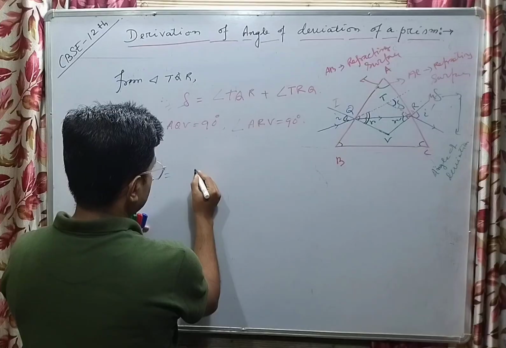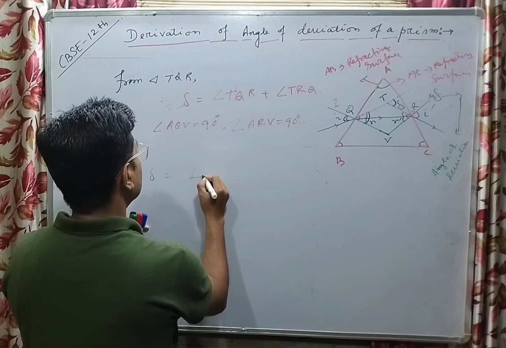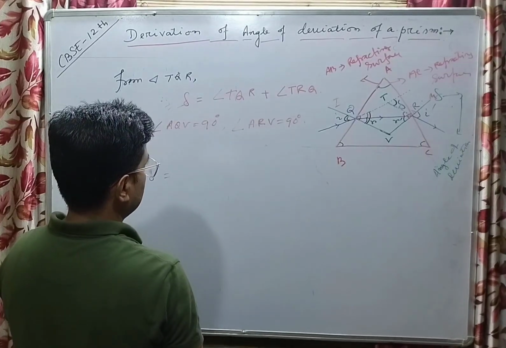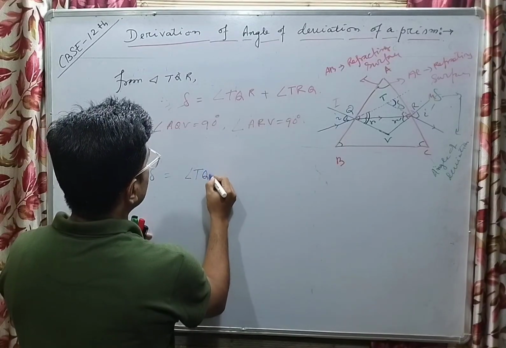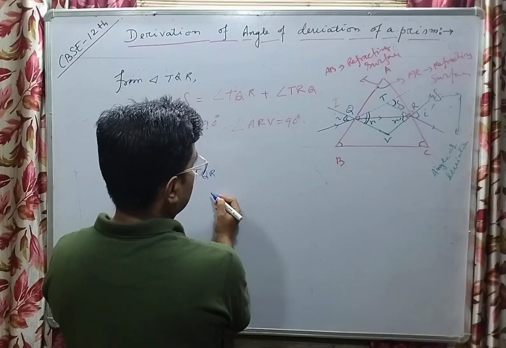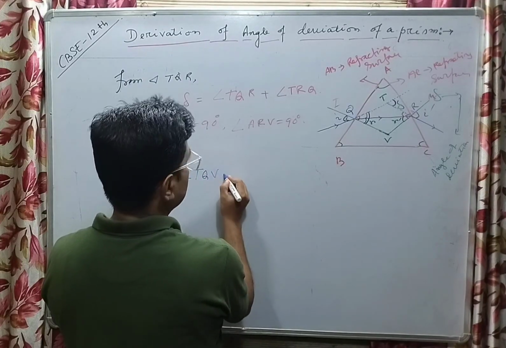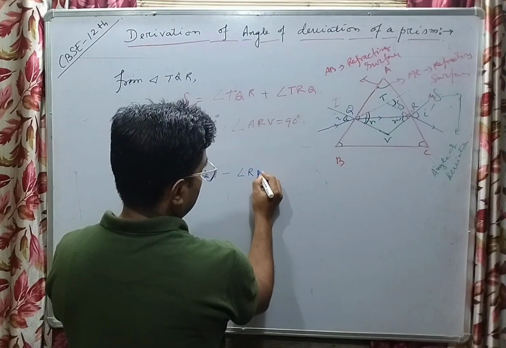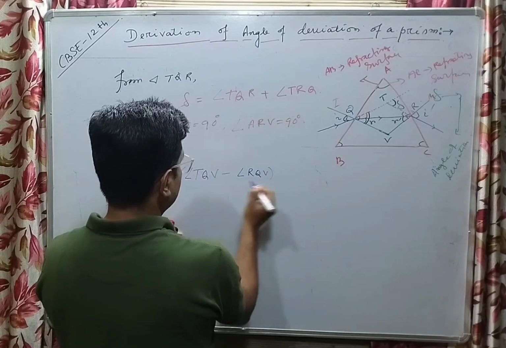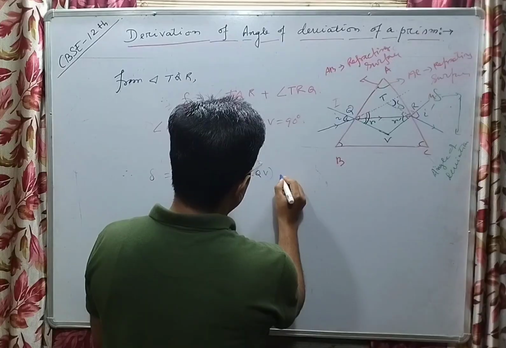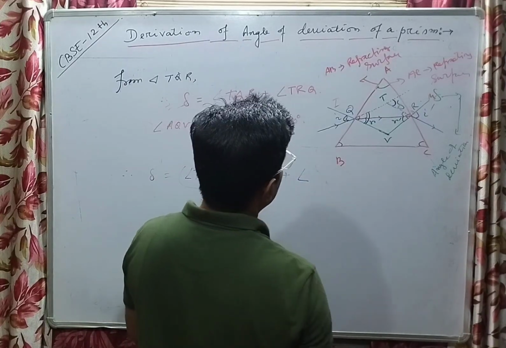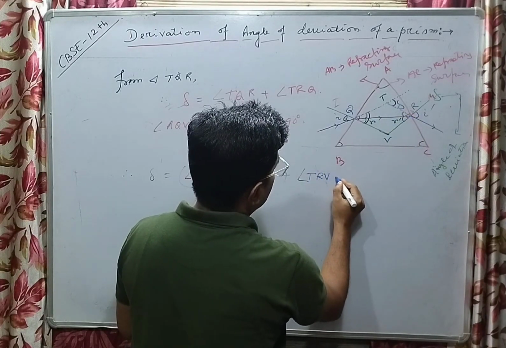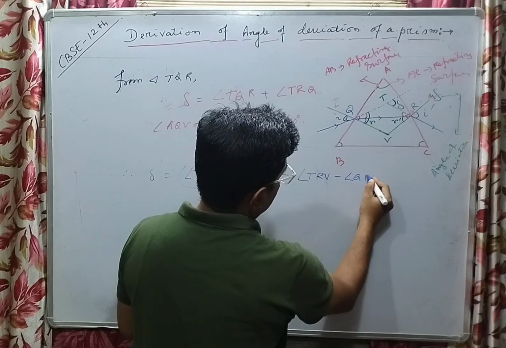In angle TQR, angle TQR is equal to angle TQV minus angle RQV, and angle TQR plus angle TRV minus angle QRV.